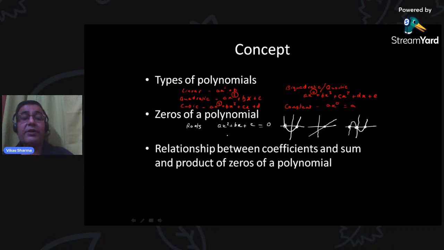Now there's also a relationship between the coefficients and the sum and product of zeros of a polynomial. Like I said, we are limiting ourselves to talking about only quadratic polynomials in this stream.